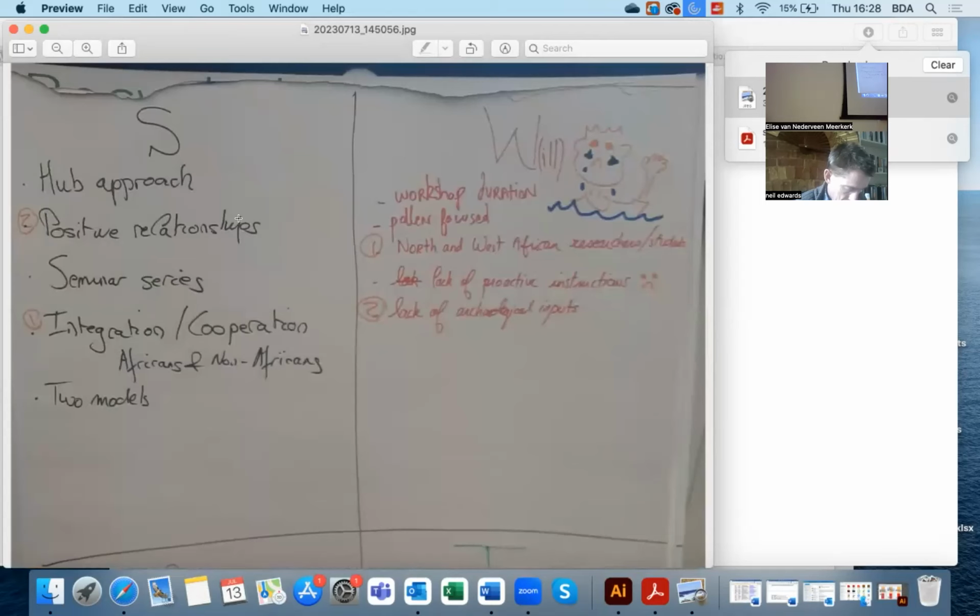The weaknesses. Some of us found the workshop was too short. They wanted more of the mapping ancient Africa workshop. It was not too long, if that's how we interpreted it. It was too short. We also agreed, and we put that under weakness, but it's more like an opportunity, on broadening the discussions on the type of proxies that are being used to understand past environment changes.